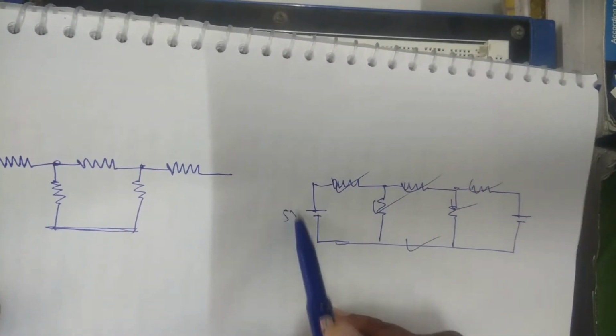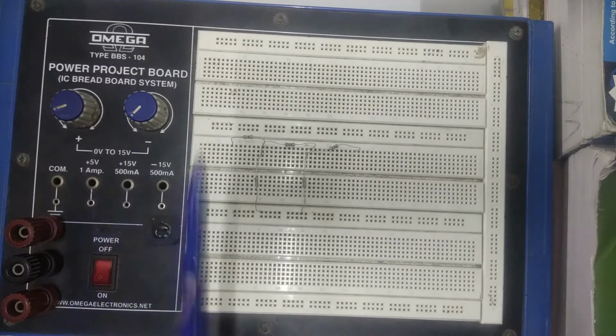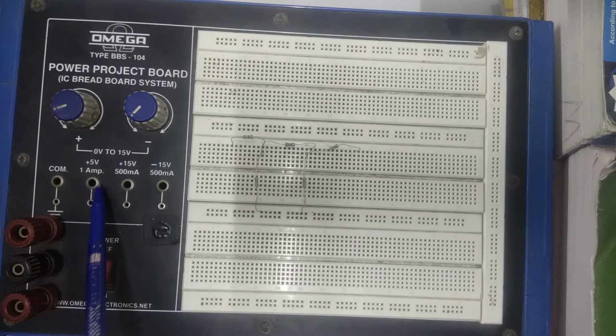Now we have to connect 5 volt and 15 volt. As I have said earlier, we have one kit. In this kit we have a power supply of 5 volt as well as 15 volt. The 15 volt is variable, so from this knob I can use 5 volt, and from this knob I can use 0 to 15 volt.